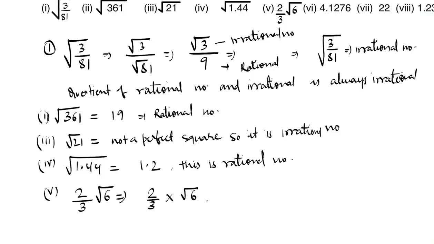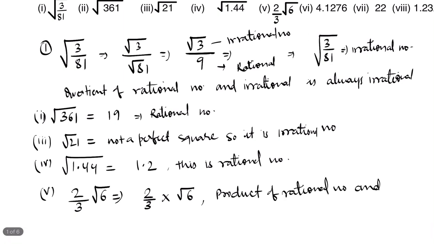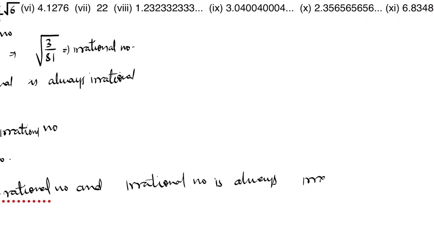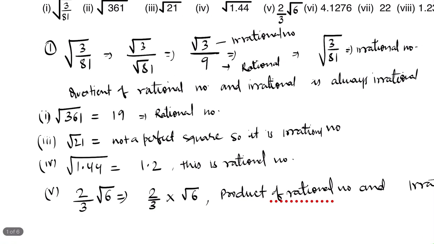So always the product of a rational number and an irrational number is an irrational number.